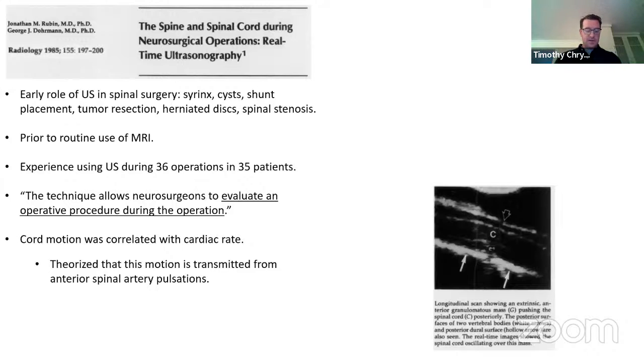But they made an interesting observation, and they provided a somewhat provocative hypothesis, which I think even today is not really fully fleshed out or put to rest. While one might expect a linear relationship between increased cord motion or pulsatility and adequacy of decompression, Rubin and Dorman argued that the relationship is the inverse.